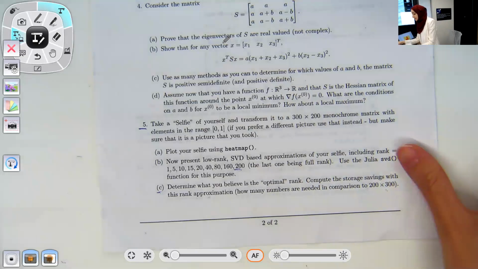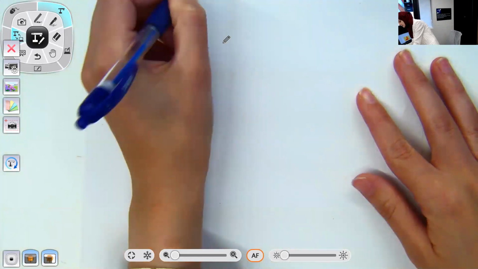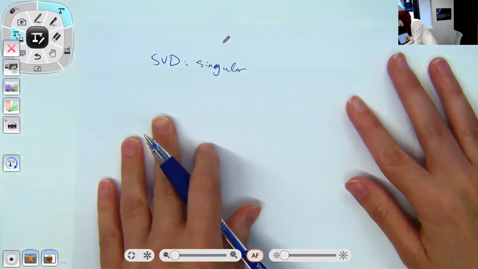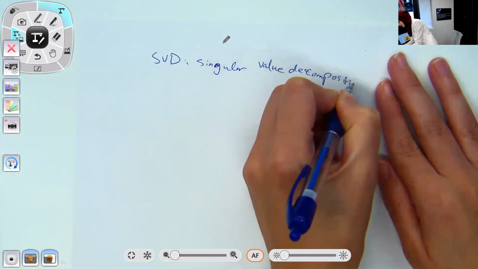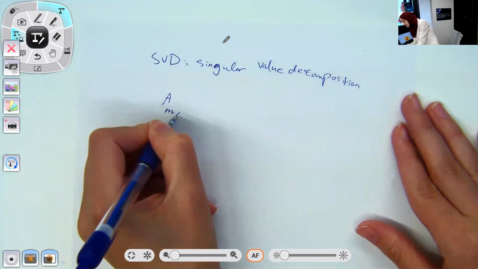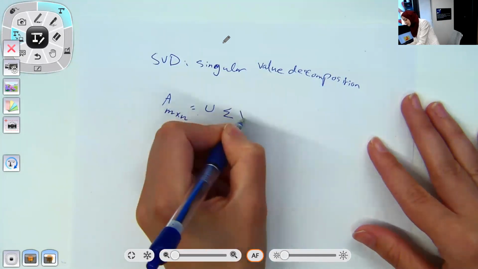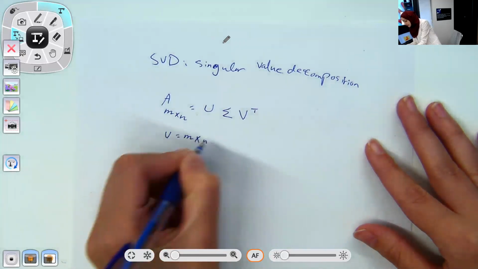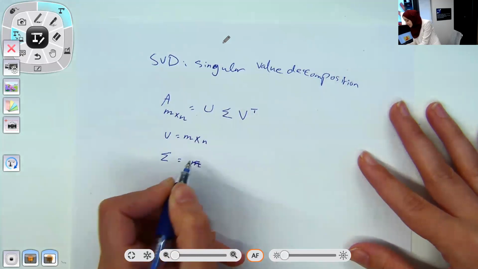If we have a matrix A with dimension m times n, we can write this matrix as U times sigma times V transpose, where the dimension of U is m times n, and the dimension of sigma is n times n.